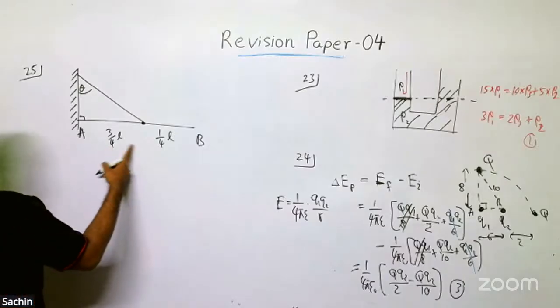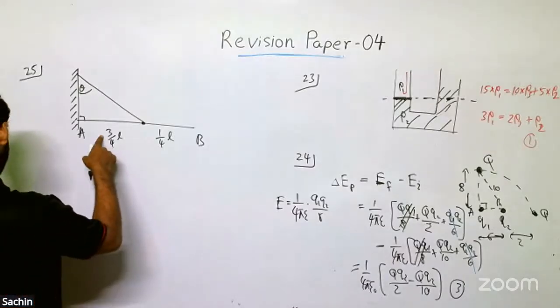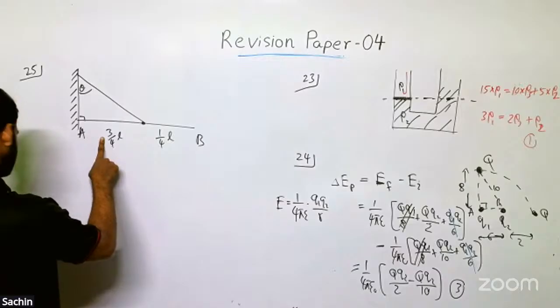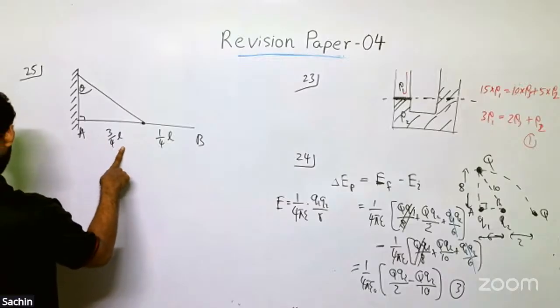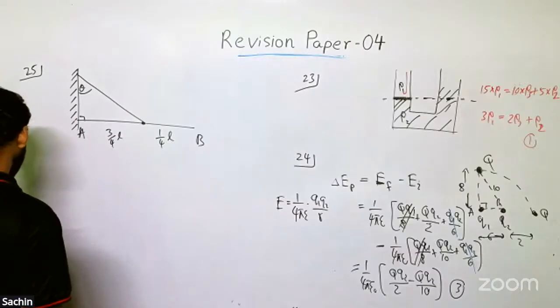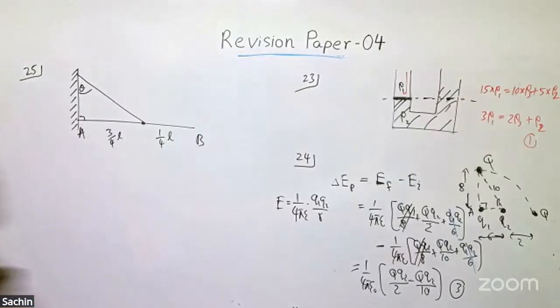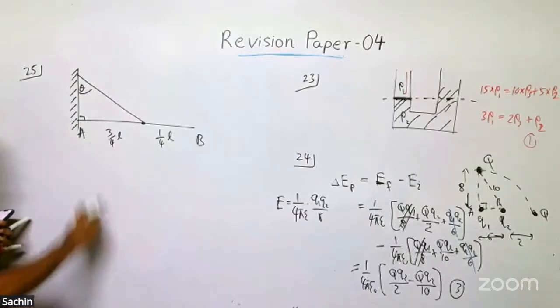So this length is 3/4 of the total length. So the reaction acting on the rod at A is... So they ask me to calculate the reaction at this point.